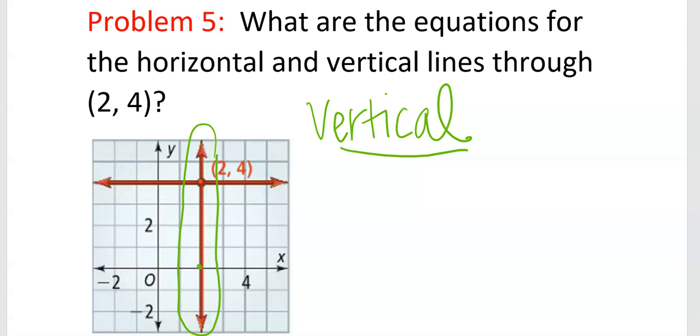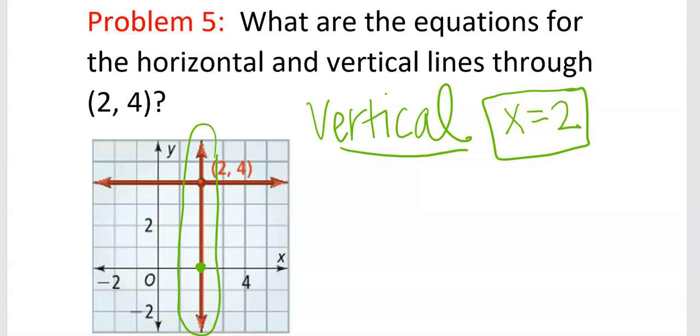So what point is this right here? 2, 0. Okay, so the x part though is 2, right? So this equation goes through the x-axis at 2. So your equation is x equals 2.